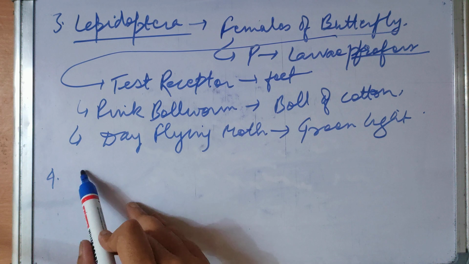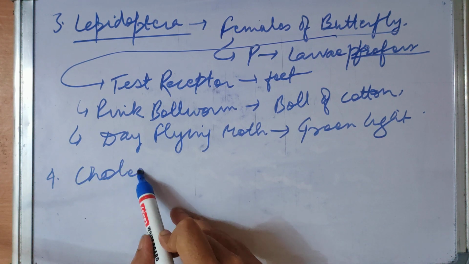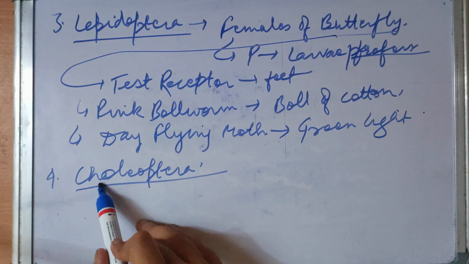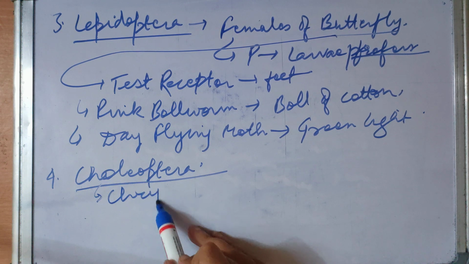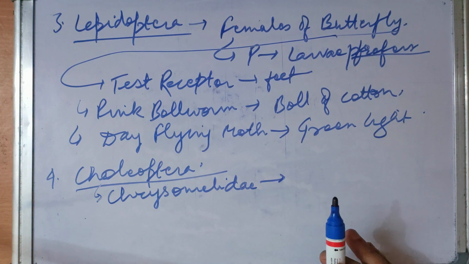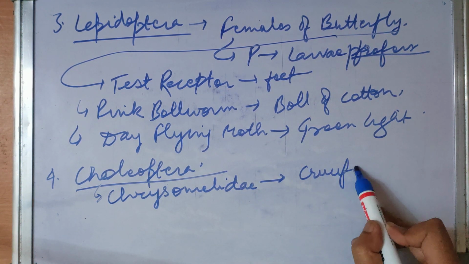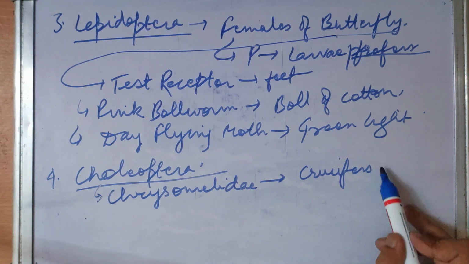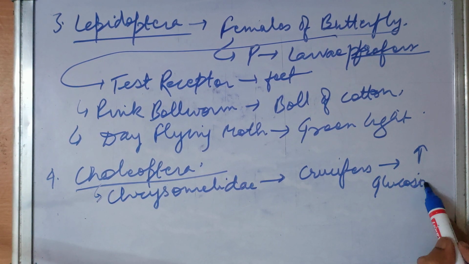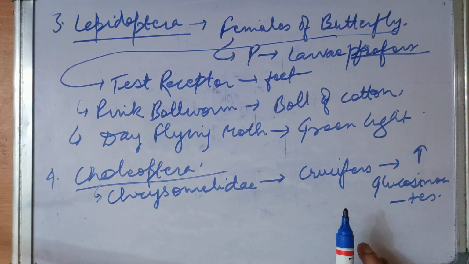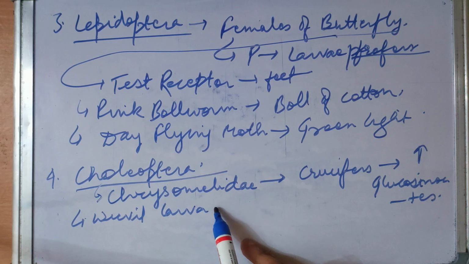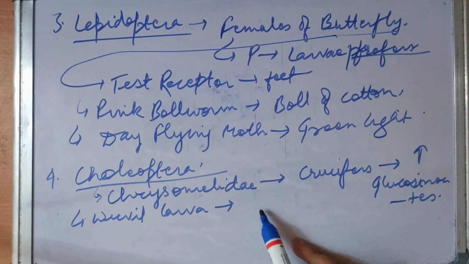Now next, the fourth family is Coleoptera. Here Chrysomelidae feed on crucifers having a high amount of glucosinolates. Next, weevil larvae feed on roots of deciduous plants.